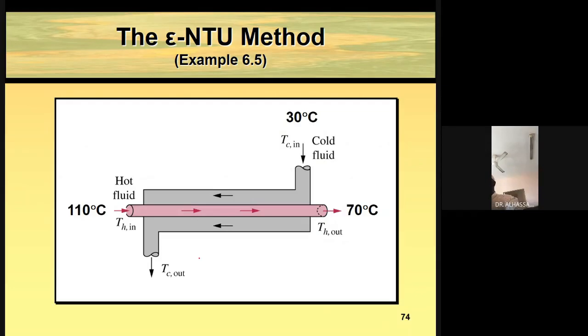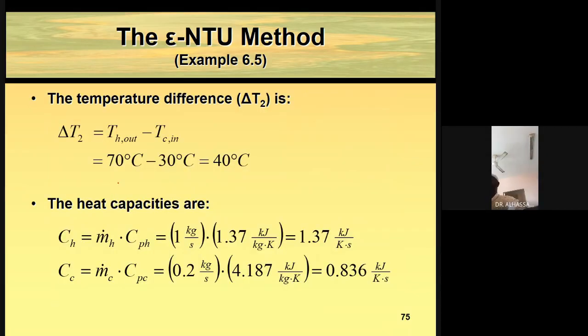So this is the physical view of the heat exchanger. You see, this temperature is not known. So we can use this equation to determine the temperature difference. Delta T2 is given by this. So we have the heat capacities given by this.